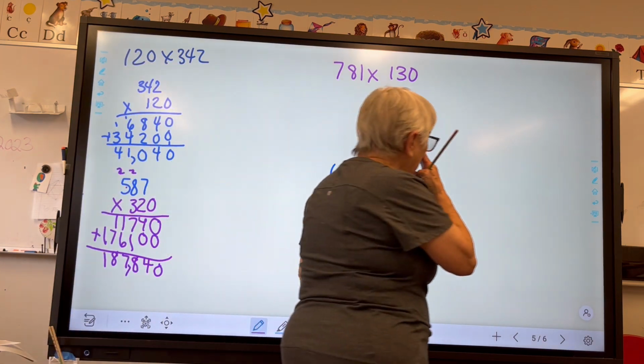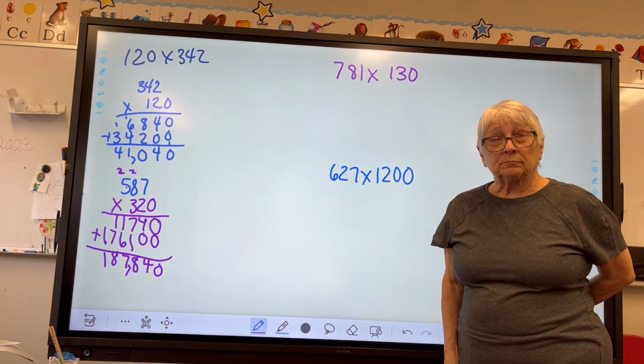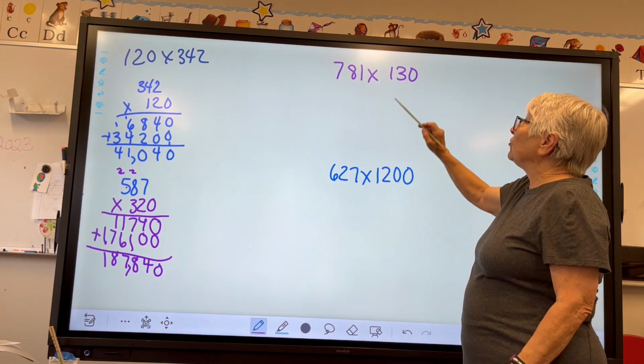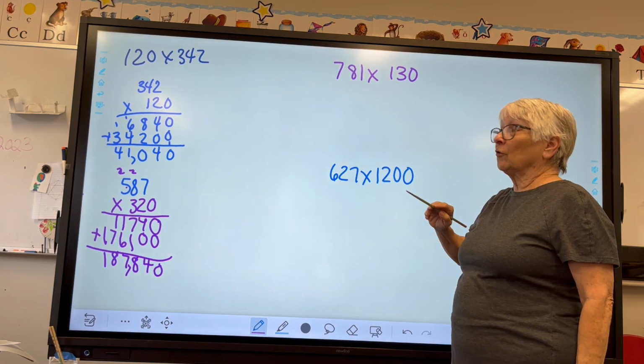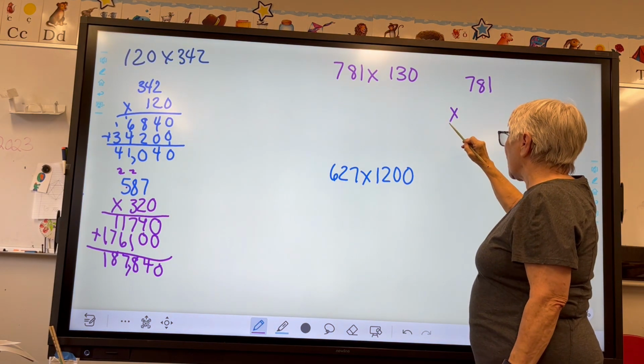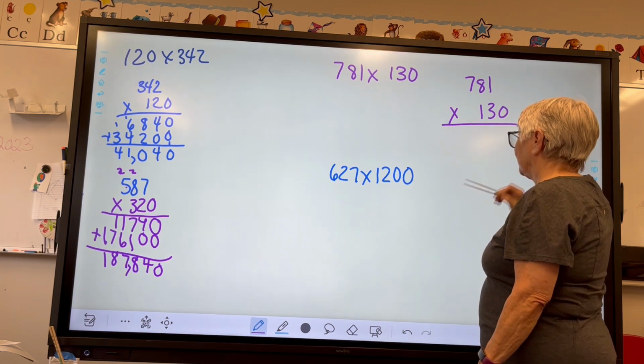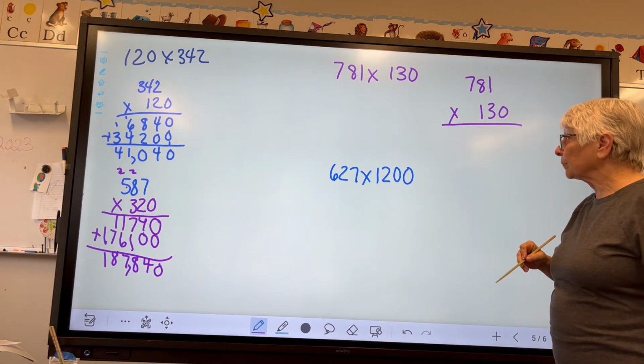Okay, now, which one of these am I going to put on the top? Well, if you chose this one, you're correct. 781 is going to go on the top, and I'm going to hang the 0. Okay?